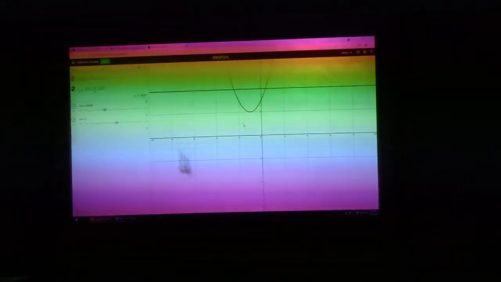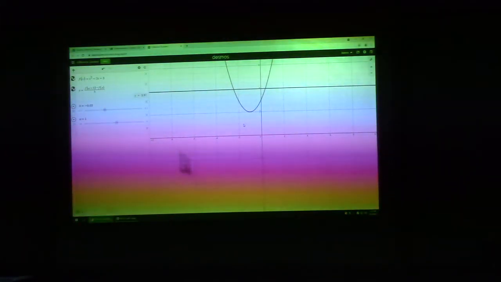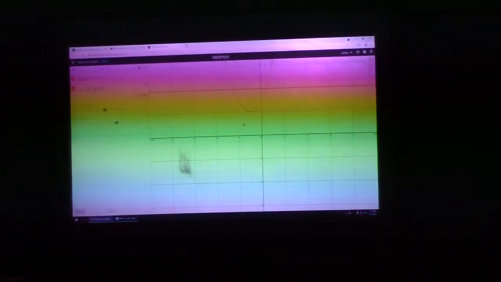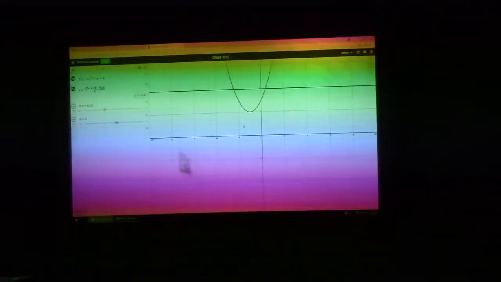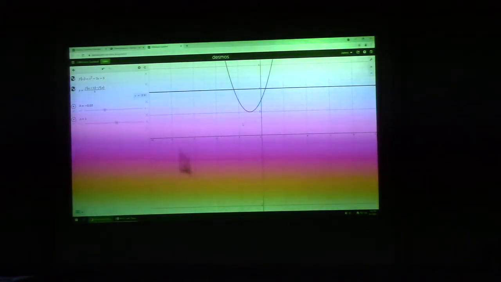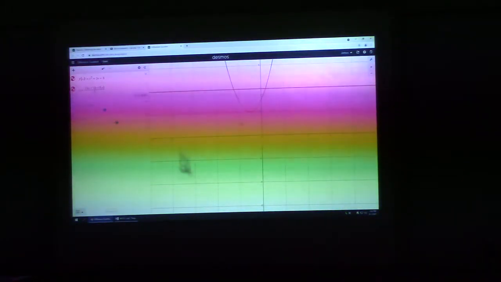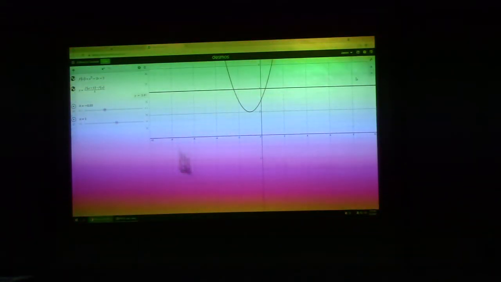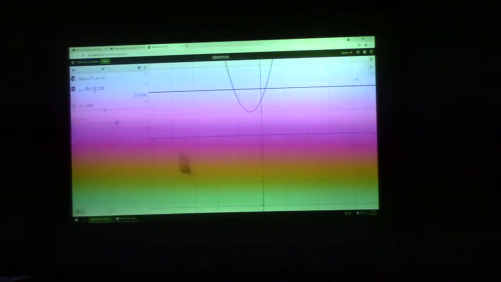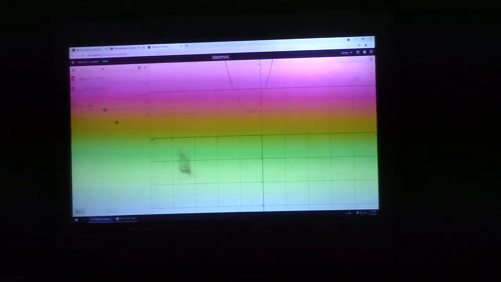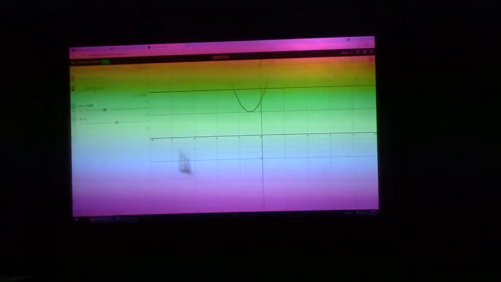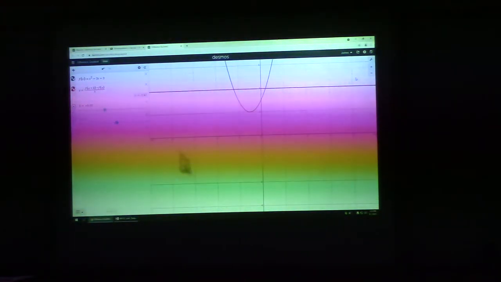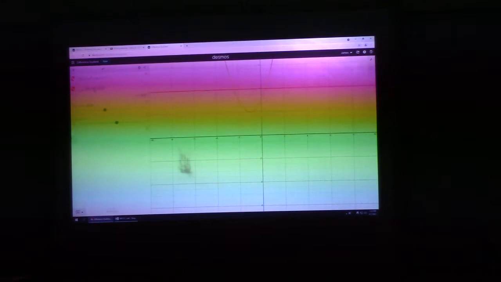I had it open on it. All right, it worked. Okay.